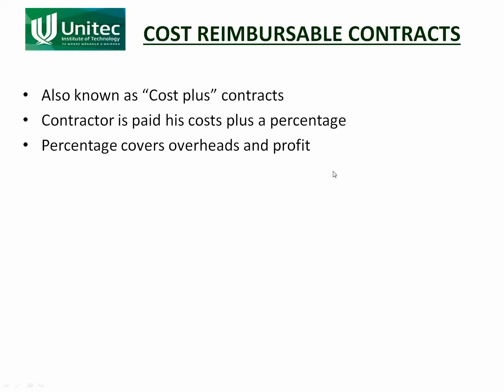This form of contract removes all of the risk from the contractor. Now the client, the principal, is taking all of the risk. So that means he's going to get a lower price, but the overall cost of the project may be more, because anything that goes wrong, the principal pays for.